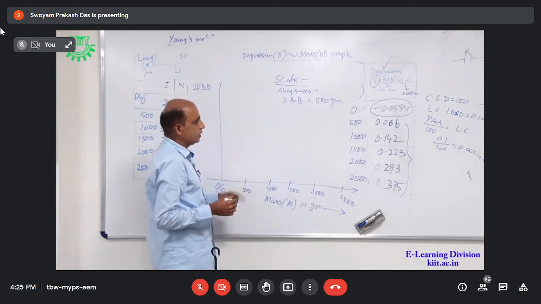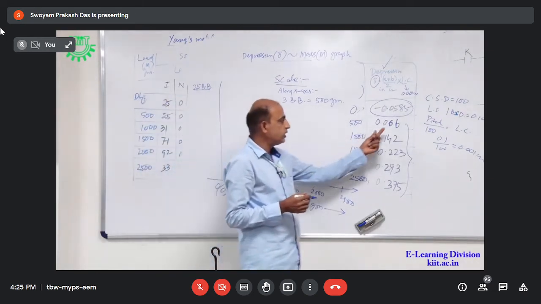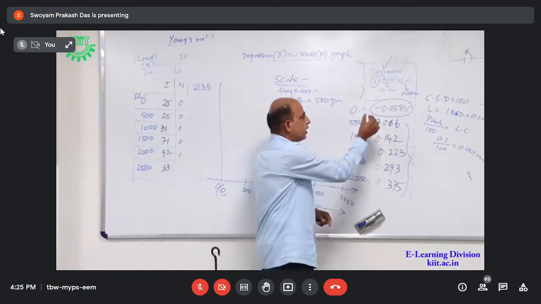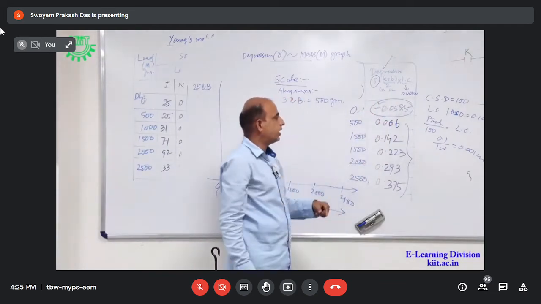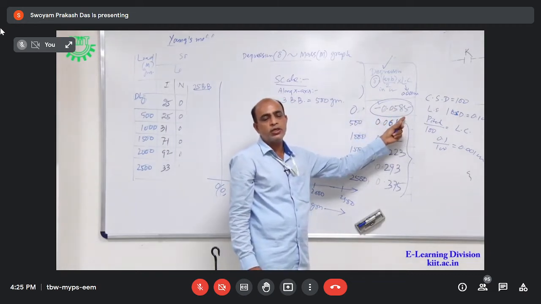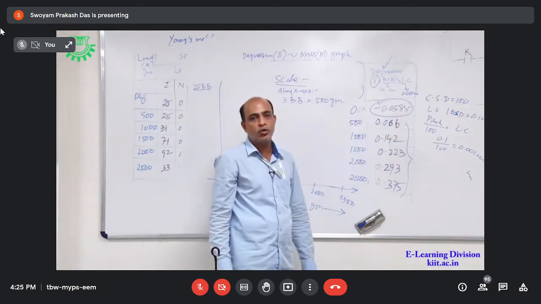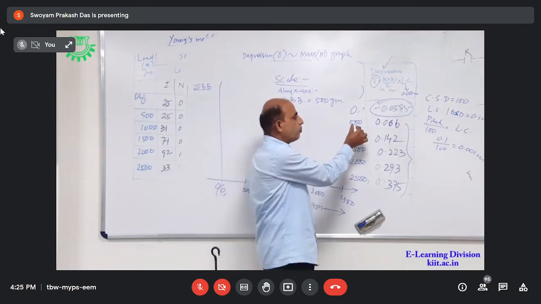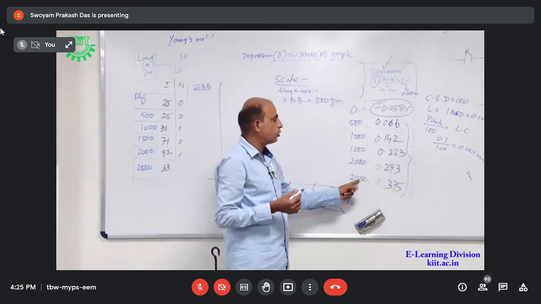Similarly, along the y-axis, we have to see the minimum value. We should not take 0 load, because at a dead load or 0 load, there should not be any depression. Whatever it comes in the experiment, that is to be ignored. We will start from 500 gram to 2500 gram.